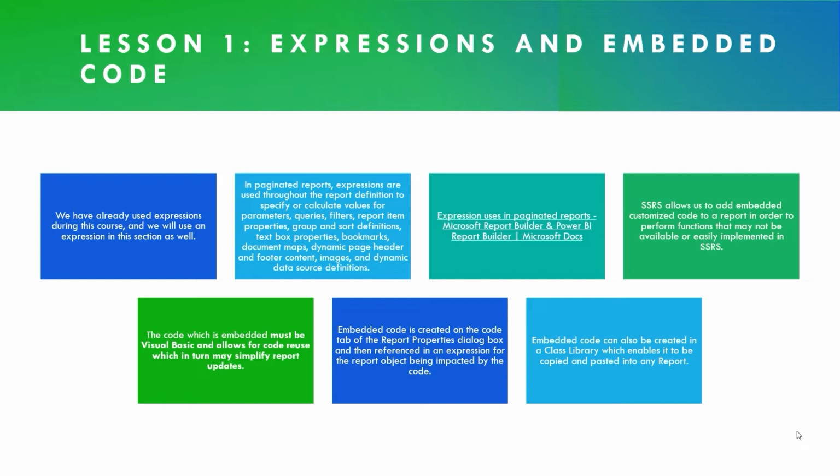So embedded code is created on the Code tab of the Report Properties dialog box and then referenced in an expression for the report object being impacted by the code. Embedded code can also be created in a class library, which enables it to be copied and pasted into any report. And in addition, you can save a report that has embedded code in it as a template, which you'll see in this lesson.